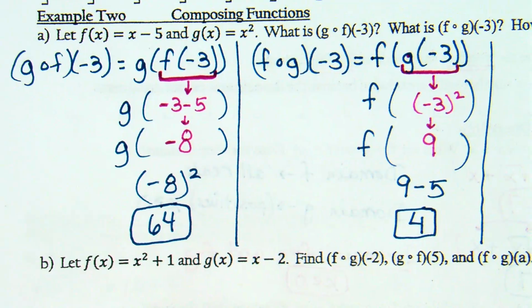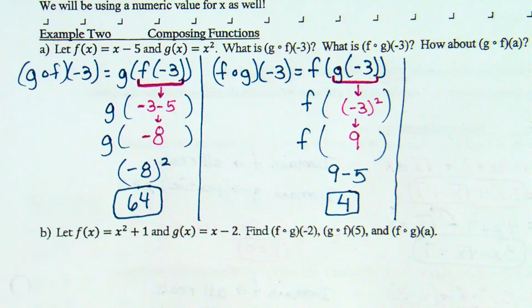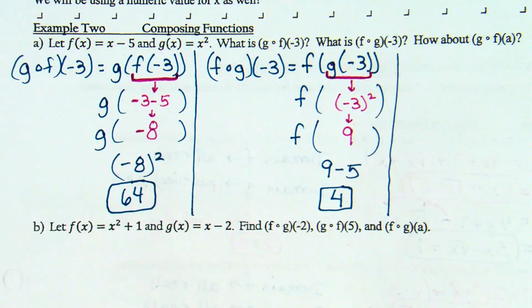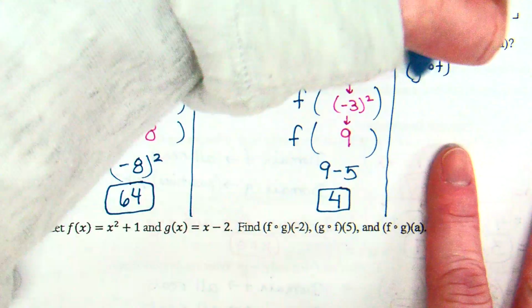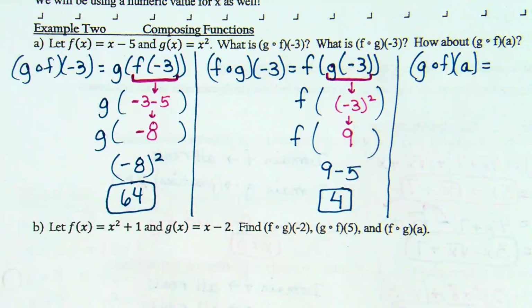And this last one we're doing on this row, we're going to use A. Okay, so we're going to do G of F of A. Last time it was negative 3.